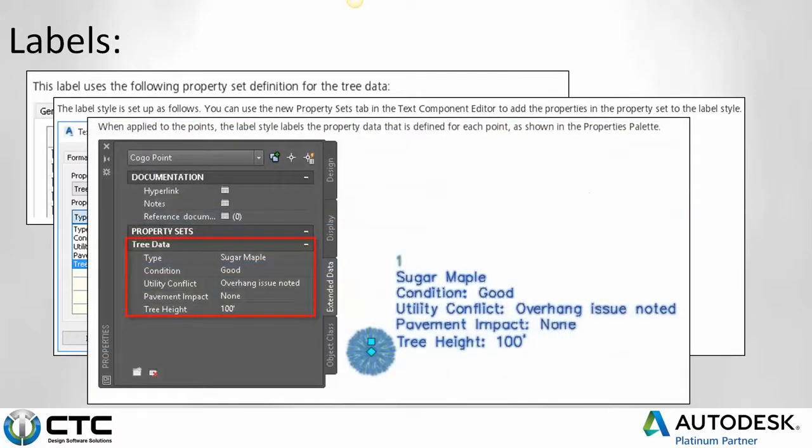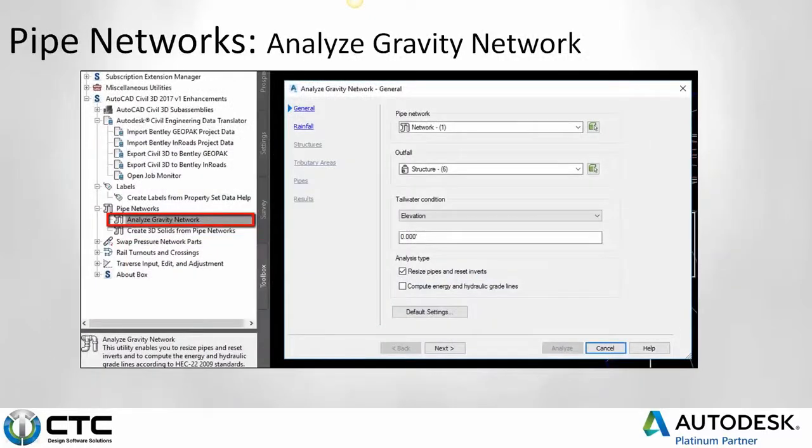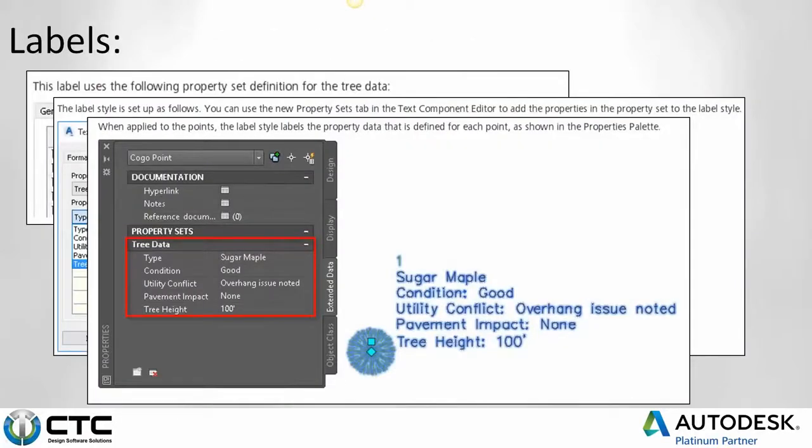And once it's in the tree, you'll end up seeing the property sets, and then there is the data on the tree. Oops, let me go back. The problem with this is I can't have it just read all trees and automatically have this property set assigned to it. I actually have to come in, and once the points are in, say, hey, assign this property set to the trees.